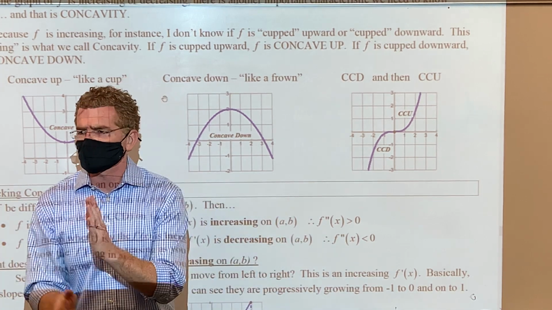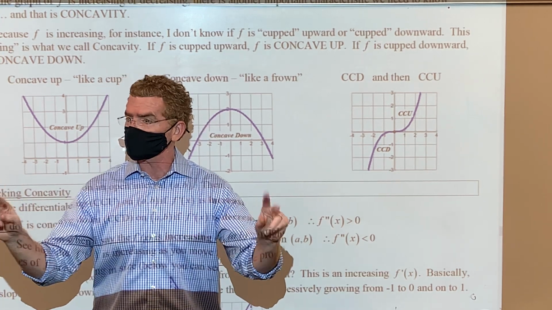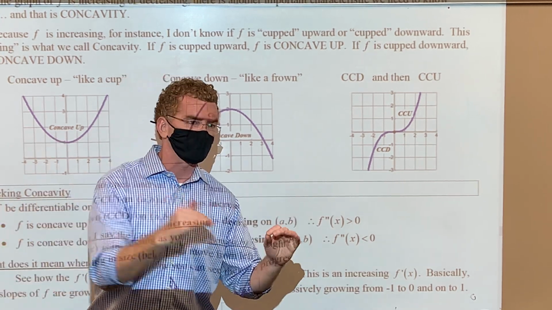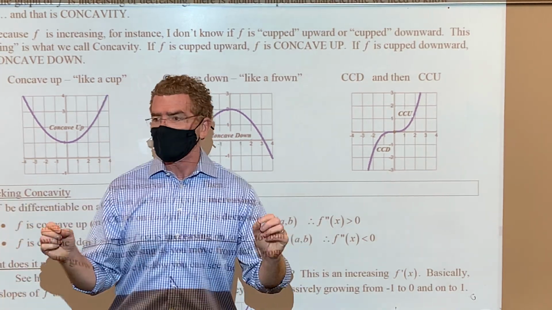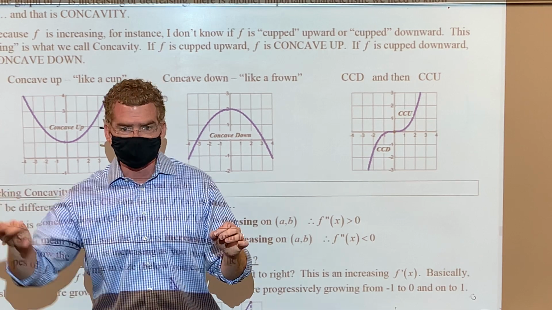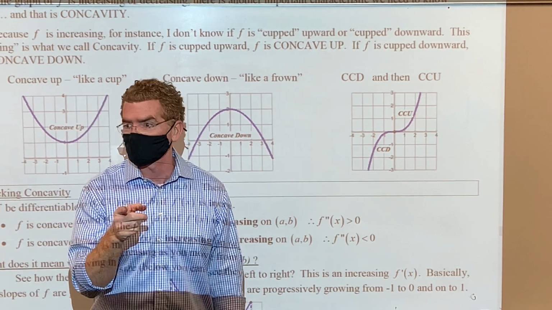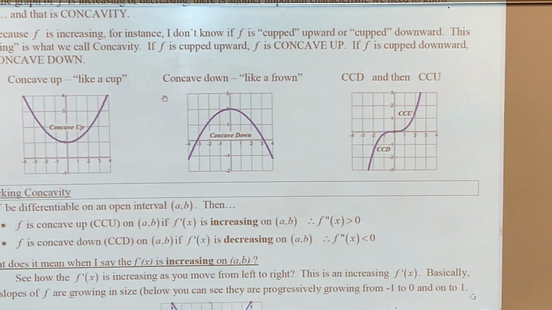No. Well, with the exception of maybe like a VA or something like that in there, but in between two of those critical numbers, it's got to be all increasing or all decreasing. Well, in between two possible inflection points, it would have to be all concave down or all concave up. If it switches, then there would be another inflection point where it's switching. Okay?